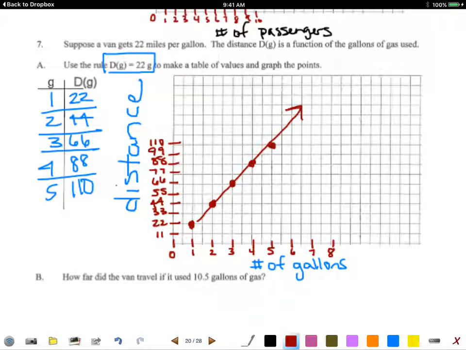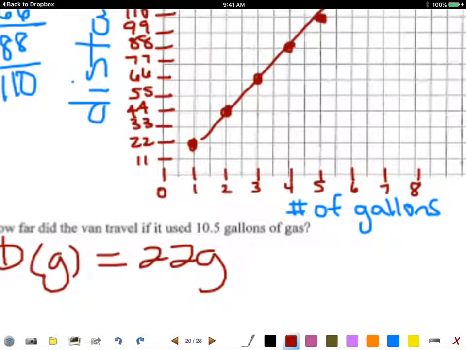Okay, then it says in part B, how far did the van travel if it used 10.5 gallons of gas? Well, you can use the equation that you had, right? Which was D of G is equivalent to 22G. So if we're talking about 10.5 gallons of gas, you could just do 22 times 10.5, right?